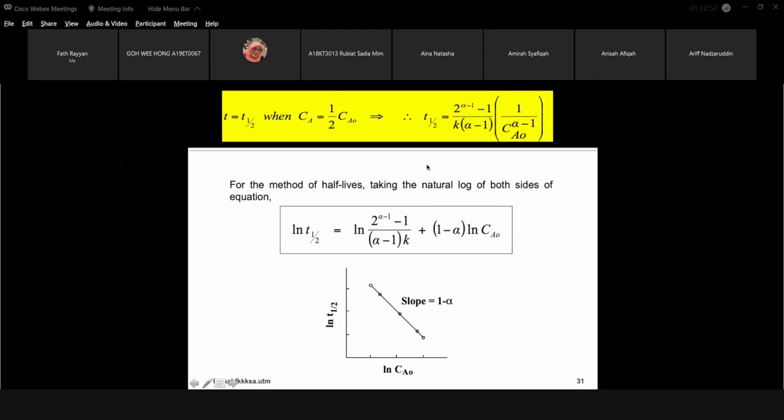Ln equal, so this graph cannot do without anything. To ln ln, and then you get this one. Okay, so the graph is like this, and then you can get the note.